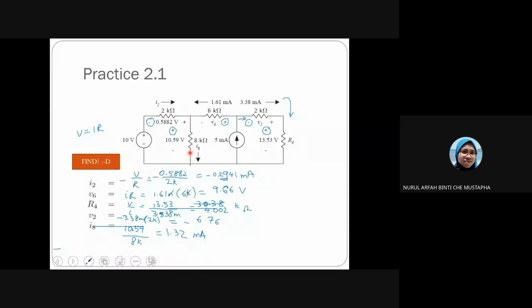So it is entering a plus here. So voltage divided by resistor should give 1.2.